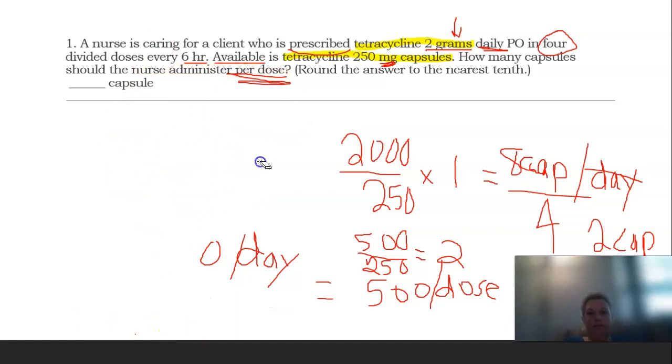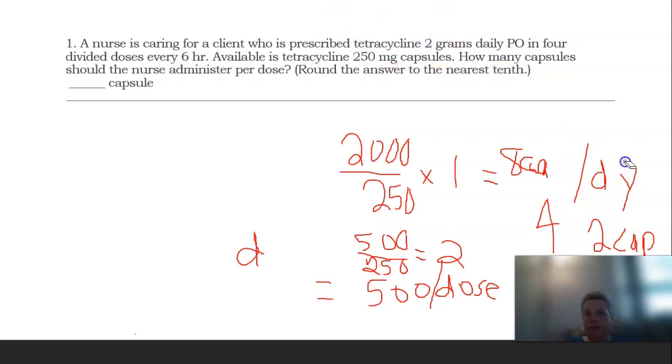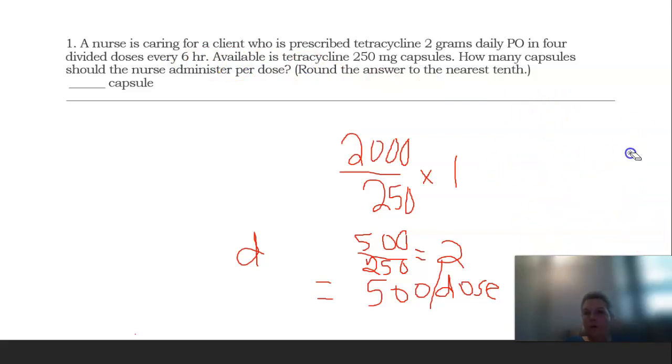All right, good? Fabulous. Let me get rid of all these. This is how you read these. You just go slow and pick out everything you need.